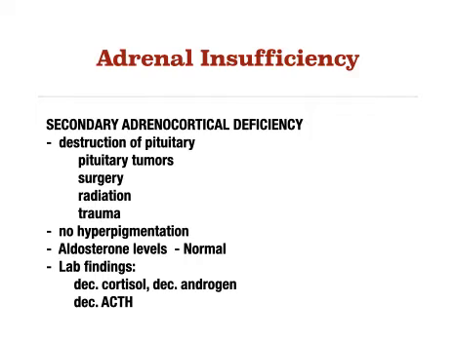With this, expect that the ACTH level is decreased, as with your cortisol and your androgen. The aldosterone level is often normal in this case, and as opposed to primary adrenocortical deficiency, in secondary, patients will not present with hyperpigmentation.